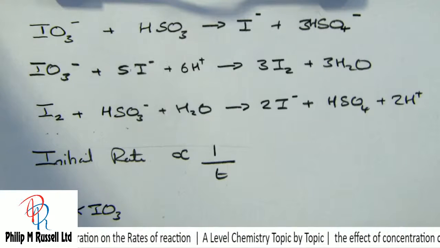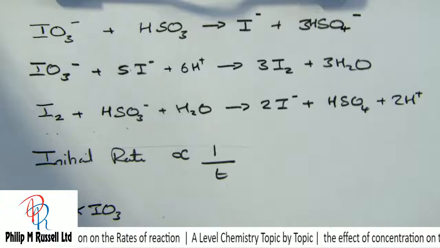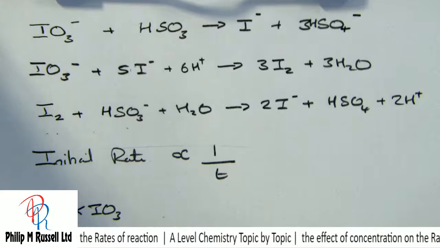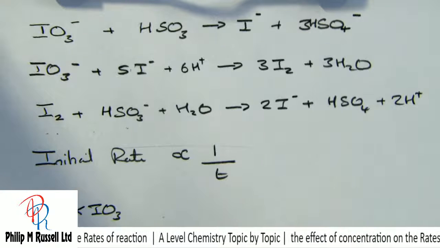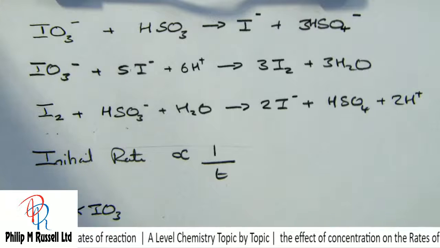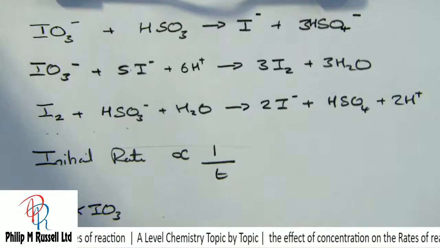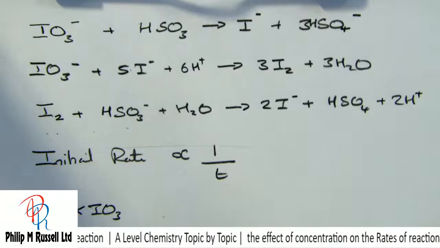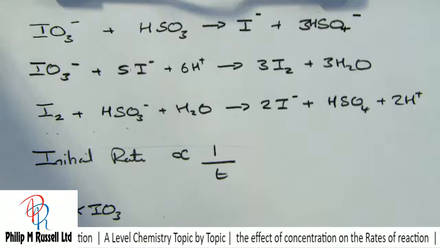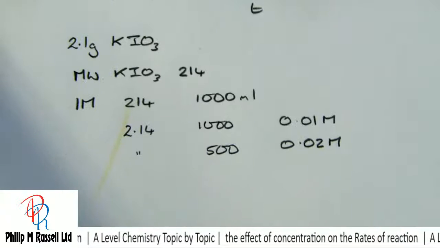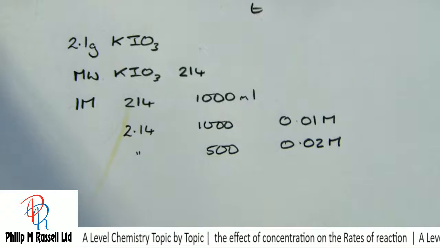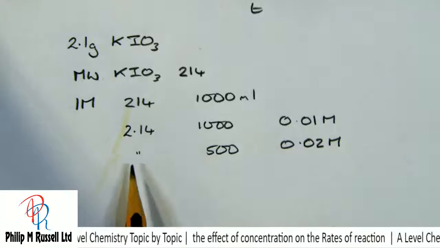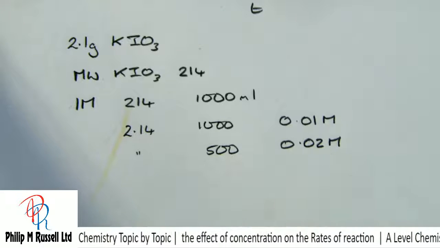We're only going to put in here 2.14, which is the amount I actually used, in 1,000 mLs, which is going to give me a 0.01 molar solution, but in fact I only made up 500, so I used that much in there, which gave me a 0.02 molar solution. And there's my calculations. 1 molar, 0.1 molar, and then half the amount of liquid will double the concentration.